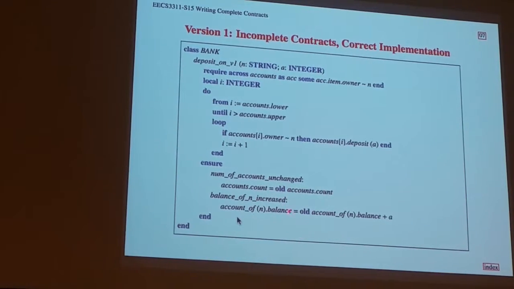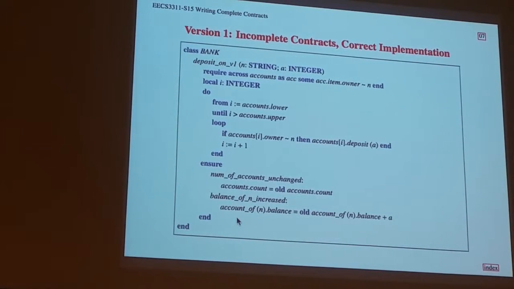And now I also said that after this, the account balance for this particular person should increase from its old balance by A. So that's what I'm saying here. I say, return to me the account for this particular person and get his current balance, and compare this with his old balance. You can see here this is the old expression, the whole thing: old, account of, and the balance. So this expression would have been cached already before the execution of the feature. When you are trying to evaluate this postcondition, you can actually use a cached variable.